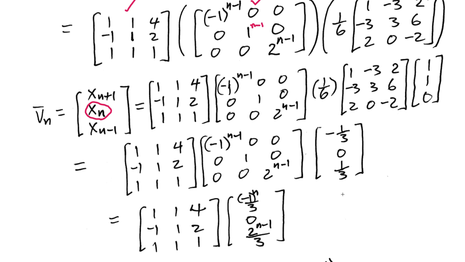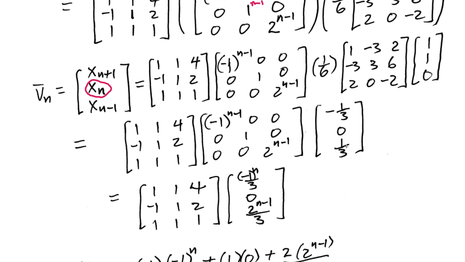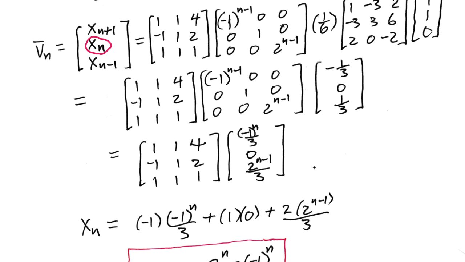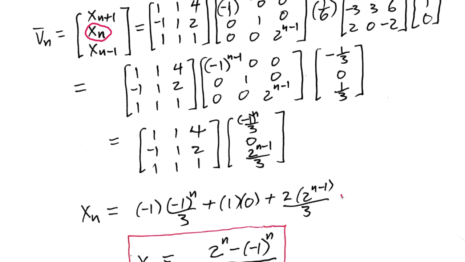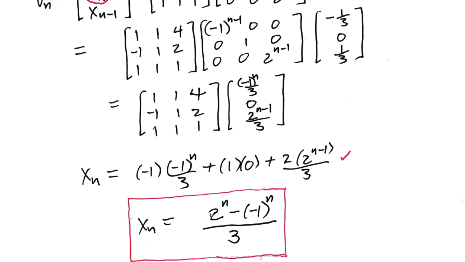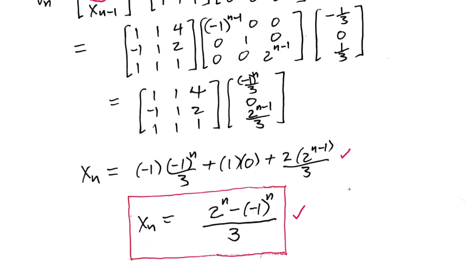I've been multiplying from the right all the way through, and ultimately this is what I found for the middle term, which is conveniently written as 2 to the nth minus -1 to the nth, all over 3. So now we have a formula for the nth term of the sequence without calculating all the previous terms.